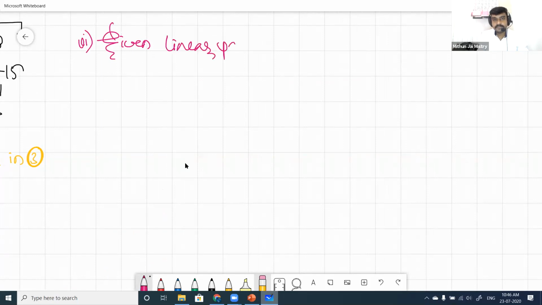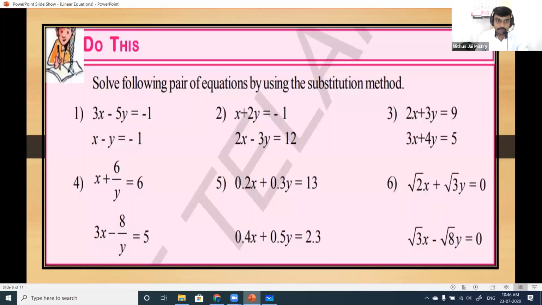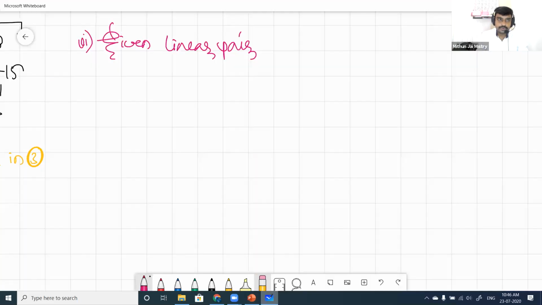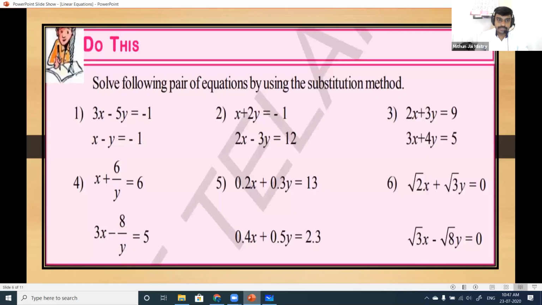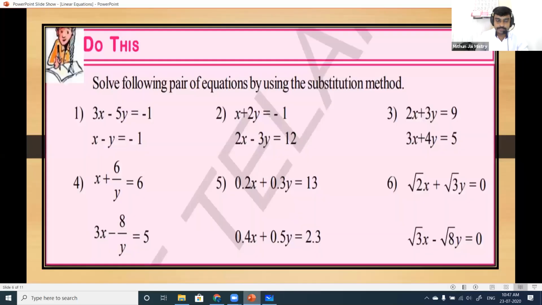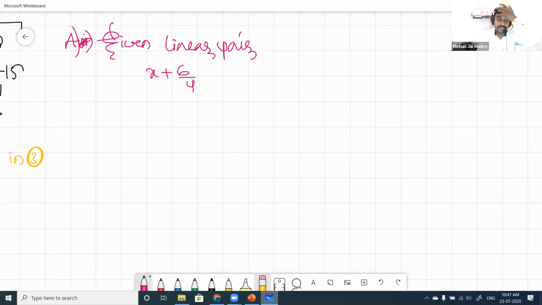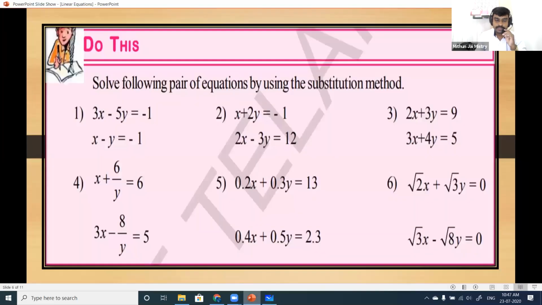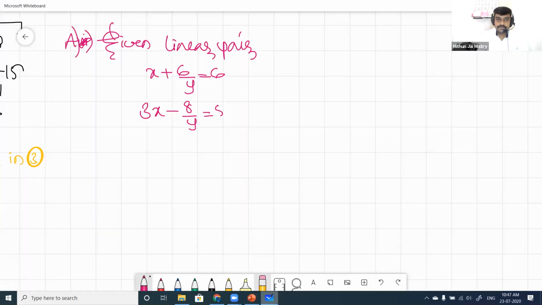The question is x plus 6 by y is equal to 6, and then 3x minus 8 by y is equal to 5.